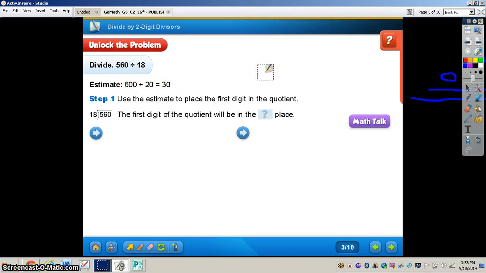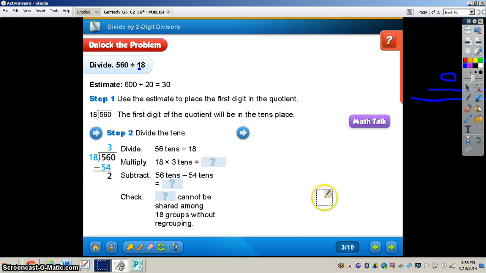Now why do we estimate? We want to use the estimate to place the first digit in the quotient. So we know that the first digit is in the tens place, so that means our first digit is going to be right above the 6. We need to write that the first digit will be in the tens place.